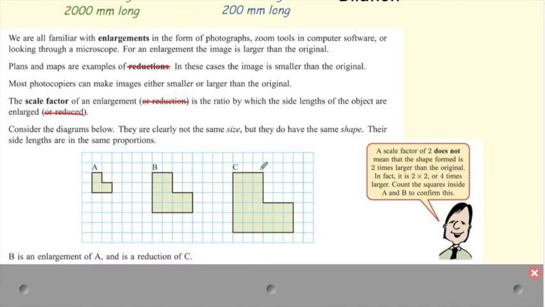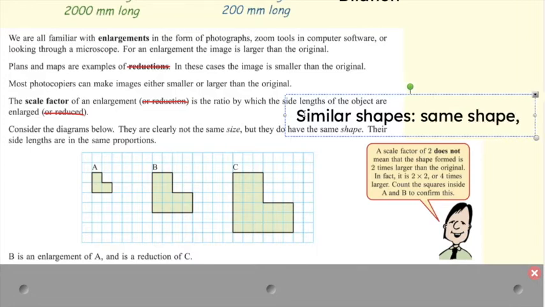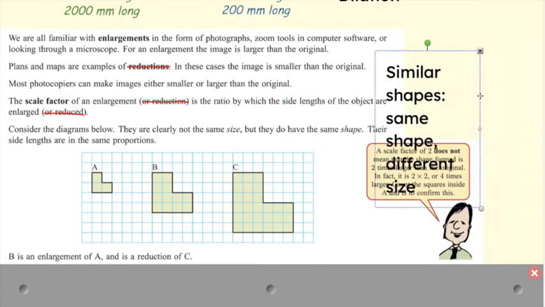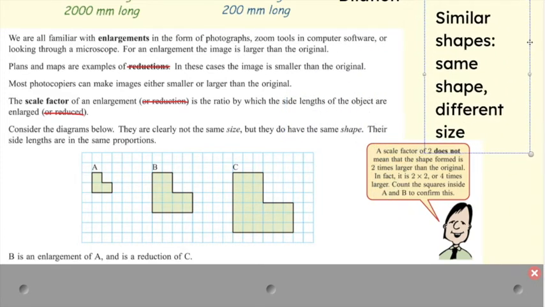What do we call shapes that are the same shape but not the same size? These are similar shapes. Same shape, different size. So everything we're doing with enlargements is the same shape, different size.